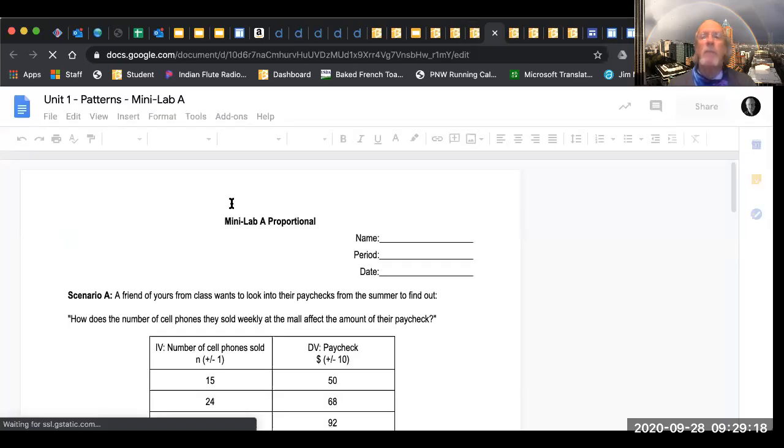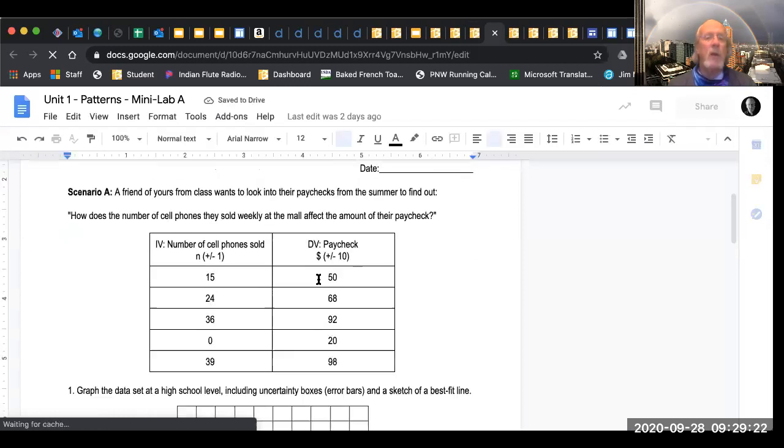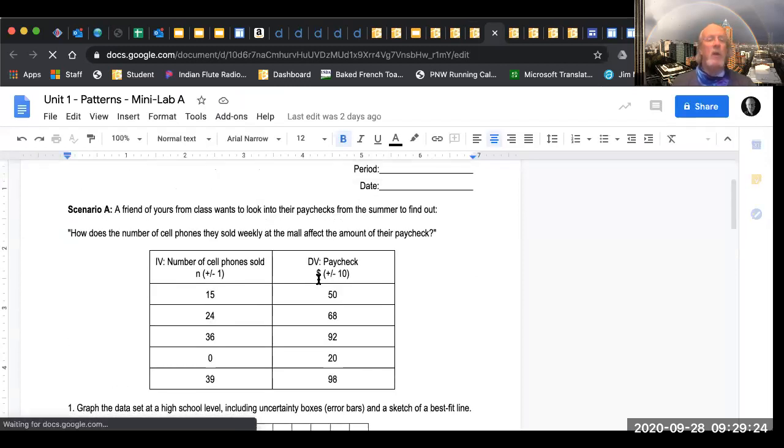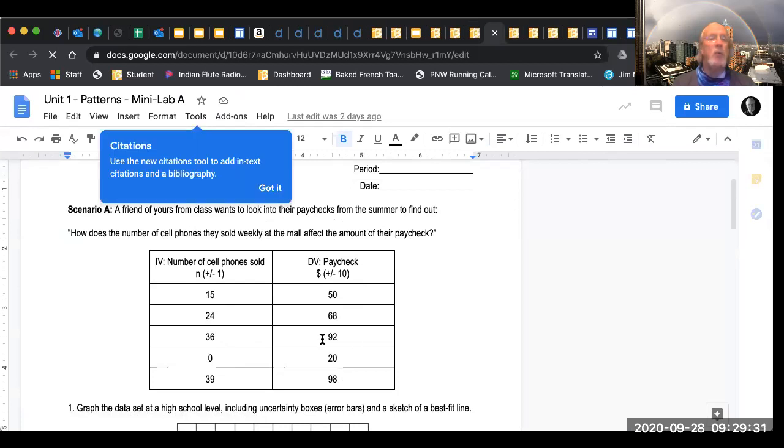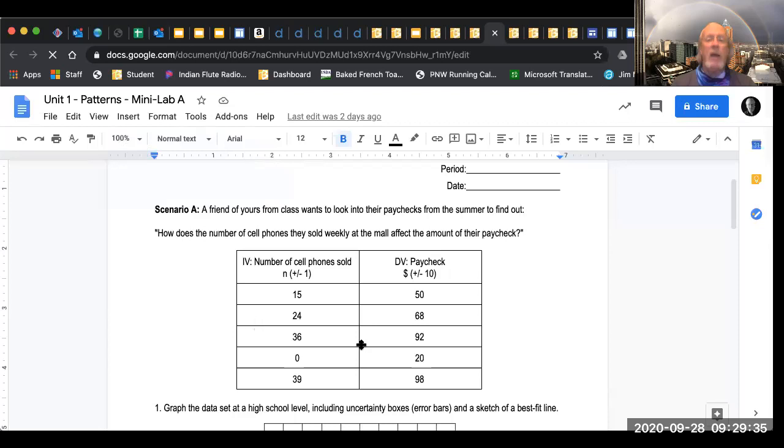In the Google Doc, the scenario is that you have a friend who's working at the mall selling cell phones, and the number of cell phones is related to their paycheck. So what is that relationship? What is the pattern? Well, if we know the pattern, we could make predictions about the size of their paycheck if we knew how many cell phones they might sell.